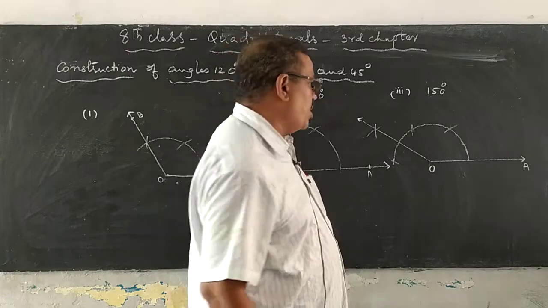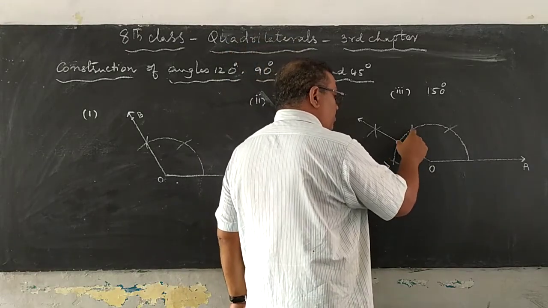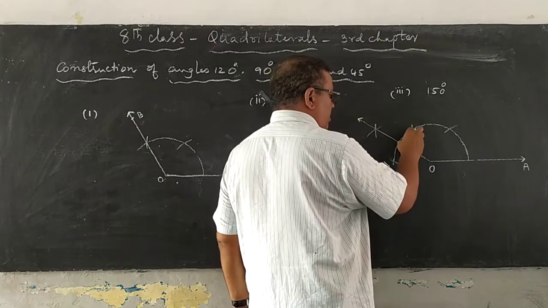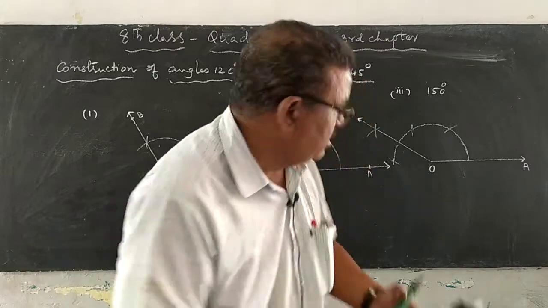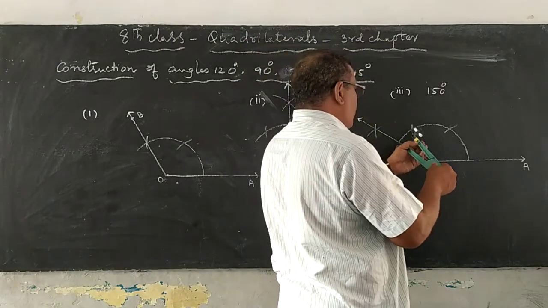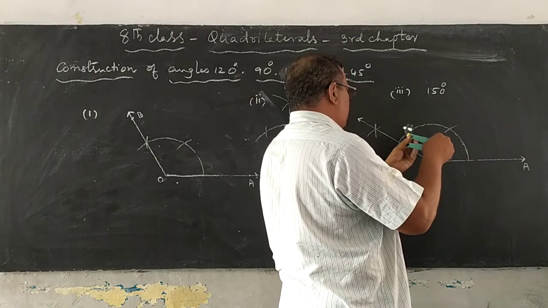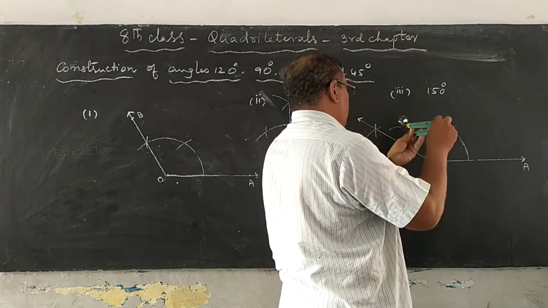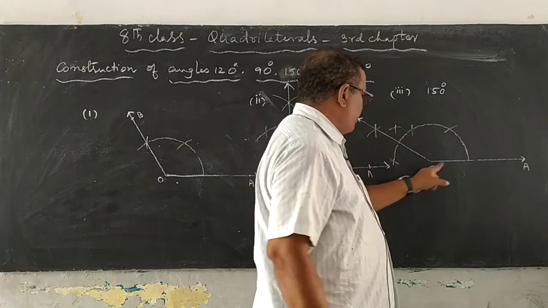135 is also possible for us. How? This is 150, this is 120. For this angle, draw the angular bisector. From here onwards, in this length take more than half, then draw one arc here and from here one more arc. This is the 150 degrees angle.